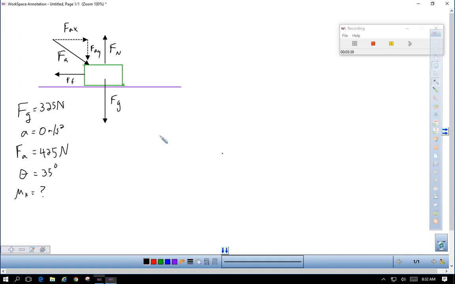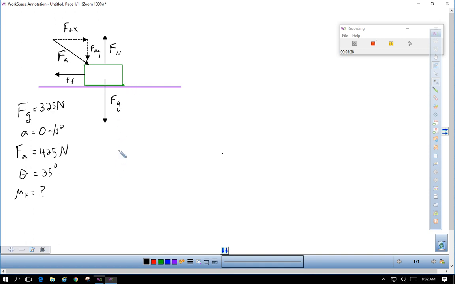Alright. At this point, we can go ahead and begin writing down relationships between the forces. Now let's see. We know that its acceleration is 0, so all the forces in every dimension are going to be balanced. So our downward forces will balance our upward forces, and our leftward forces will balance our rightward forces.